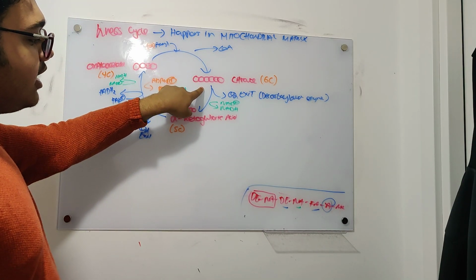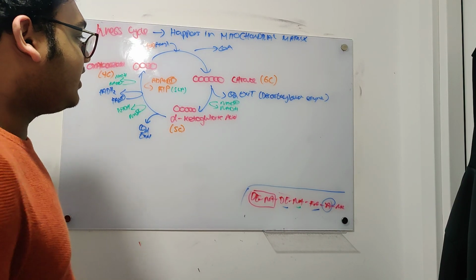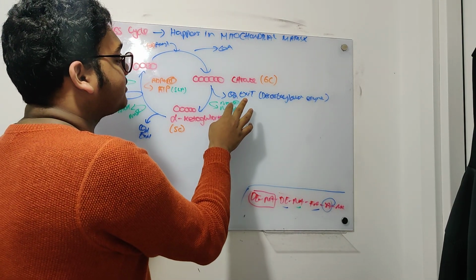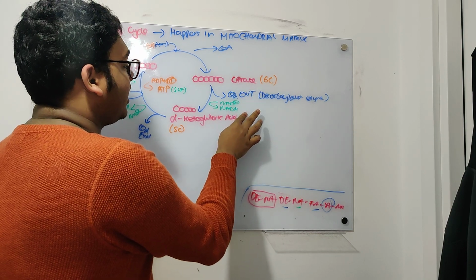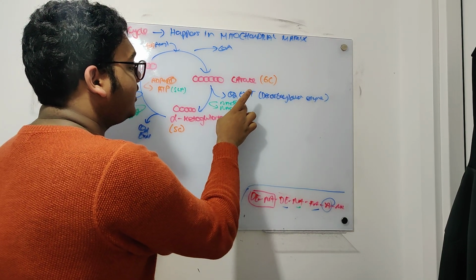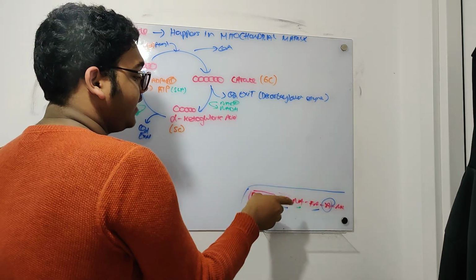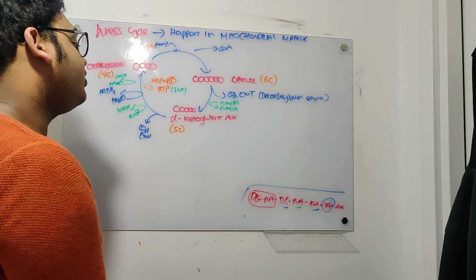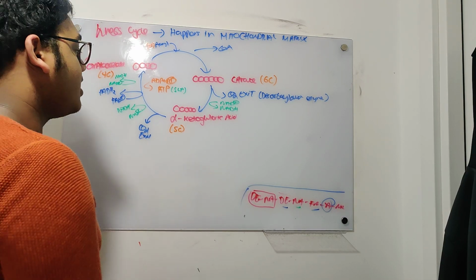The citrate now gets decarboxylated by a decarboxylation enzyme, and it also gets oxidized, which causes NAD plus to get reduced to NADH. This forms a 5-carbon molecule called ketoglutaric acid.